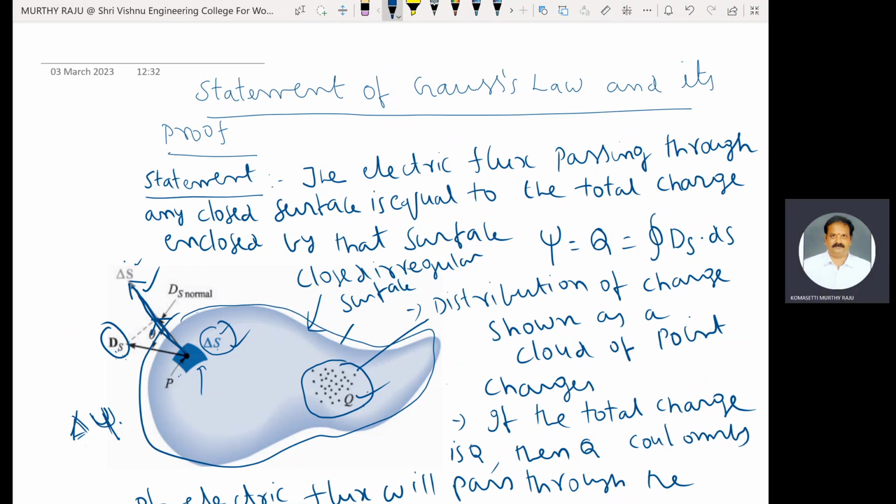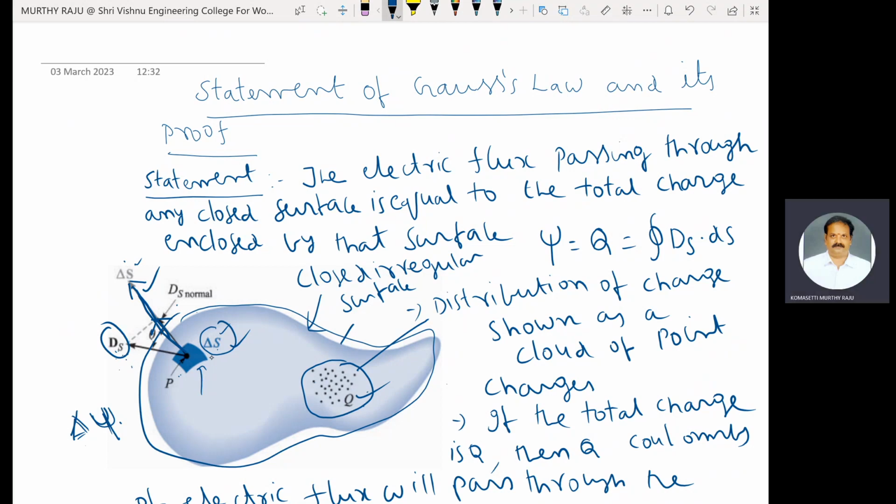D_s is the electric flux density at a point P due to charge Q, making an angle theta with delta S. Cos theta is equal to D_s normal by D_s, therefore D_s normal is equal to D_s cos theta.